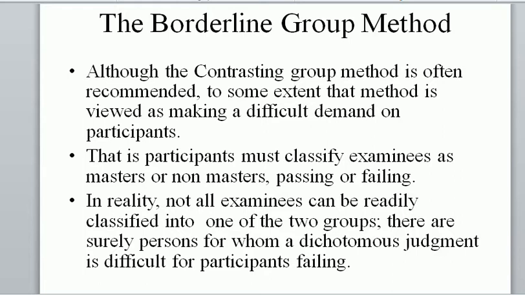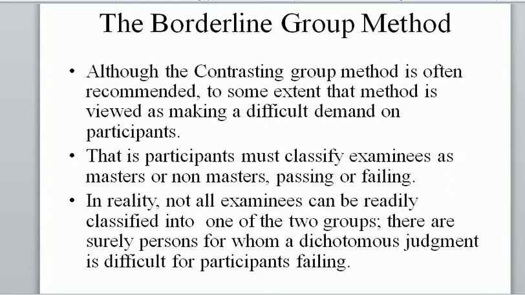Although the contrasting group method is often recommended to some extent, that method is viewed as making a difficult demand on participants. That is, the participants must classify examinees as master or non-master, passing or failing.